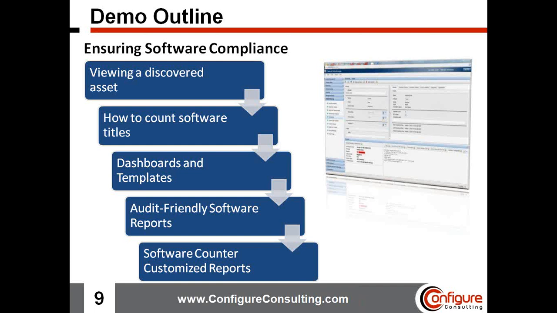How do we count the different software titles that are in our infrastructure? We'll then move on to look at some of the out-of-the-box features, dashboards, and templates that come with Asset Manager to help ease the transformation of counting these software titles and ensuring companies remain compliant and saving money.